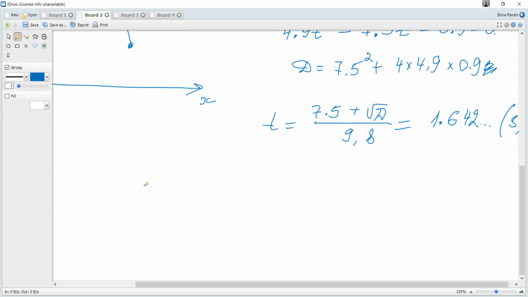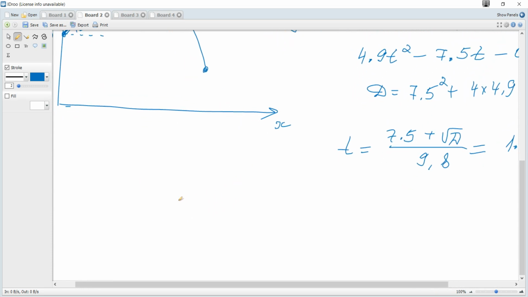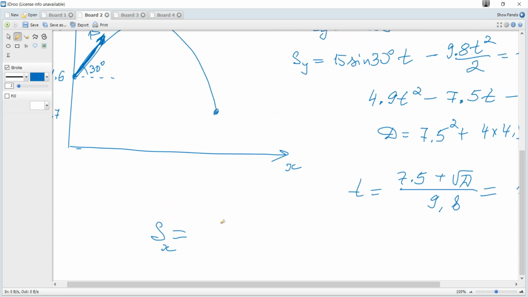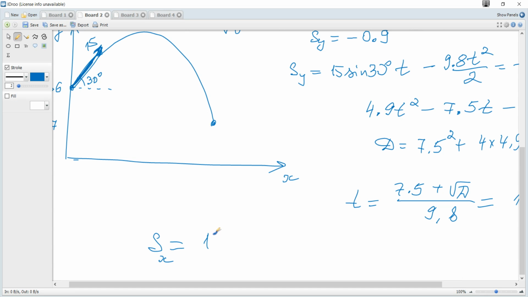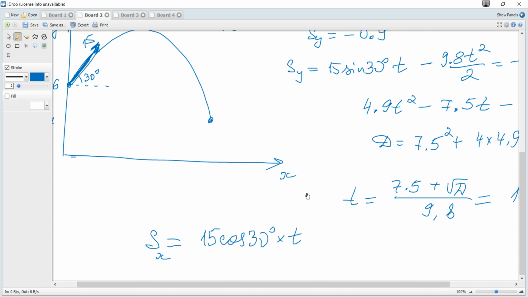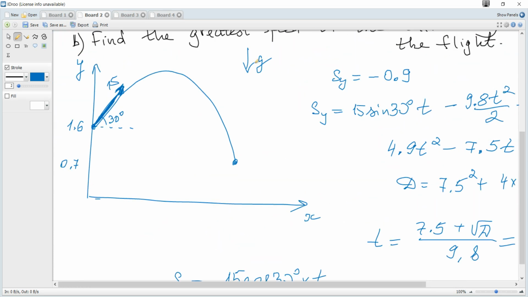And then if we consider the same equation for displacement, but in horizontal components or in projection on the x-axis, it becomes x equals ut, but the horizontal component of the initial velocity, and it's 15 times cosine of 30 times time, plus at squared over 2, but g is perpendicular to the x-axis, so its component is 0.